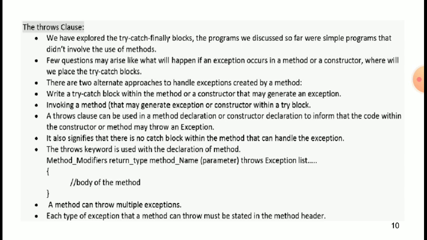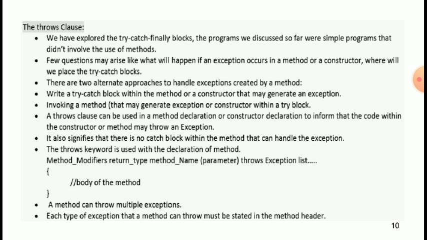Next is the throws clause. We have explored the try, catch, and finally blocks. The programs we discussed so far were simple programs that did not involve the use of methods. A few questions may arise, like what will happen if an exception occurs in a method or a constructor, and where will we place the try catch blocks.